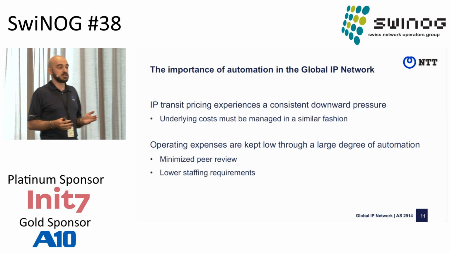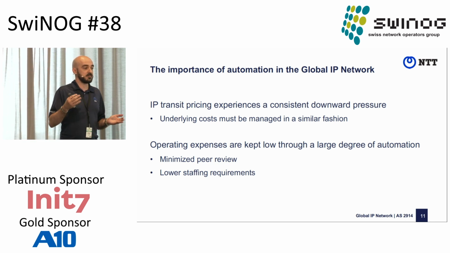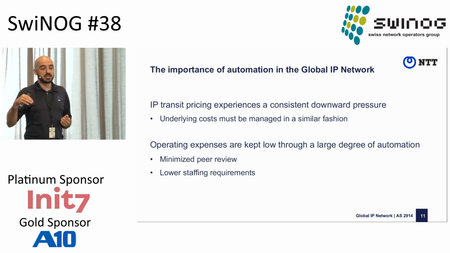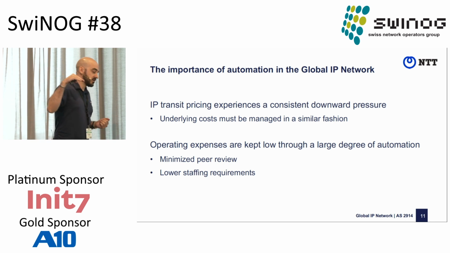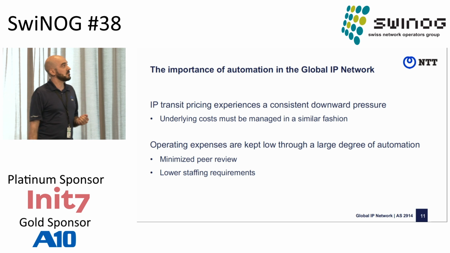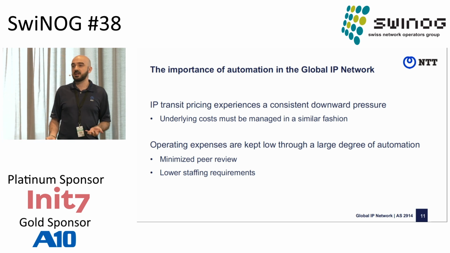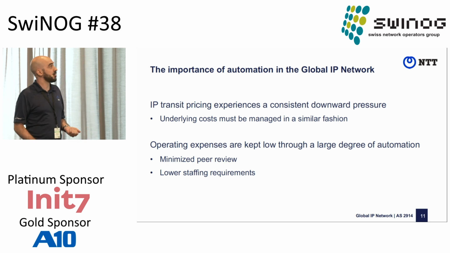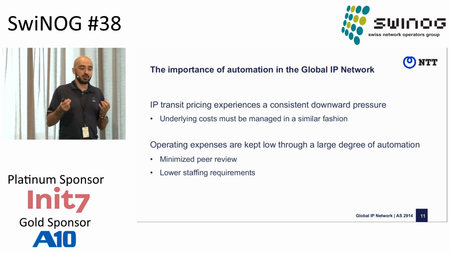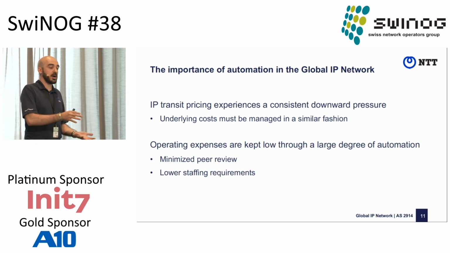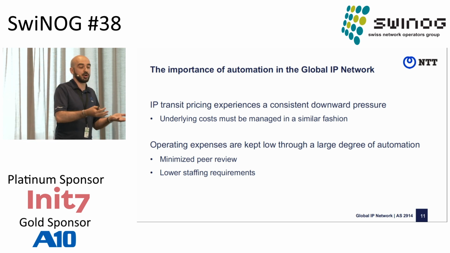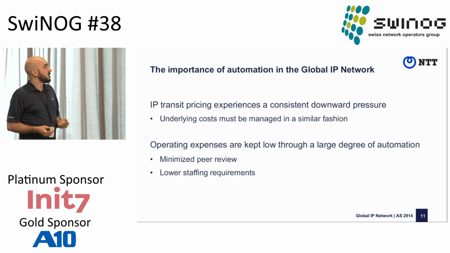And the idea was that management already identified many years ago that, of course, IP transit pricing is going down every time. And so also the underlying cost of managing your infrastructure has to be kept under control. And they identified automation as a key factor in keeping this cost under control. It does require an initial investment, but it was going to repay later on.